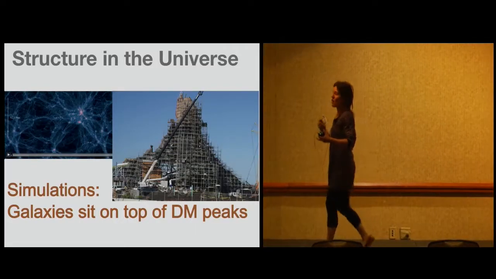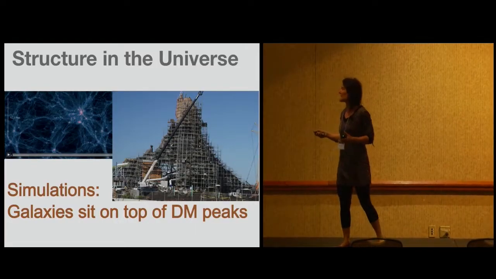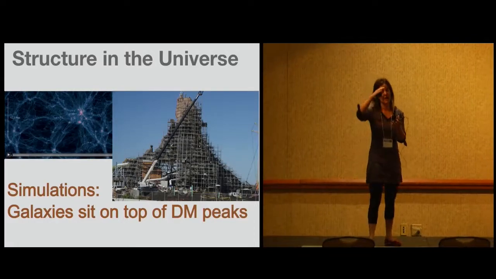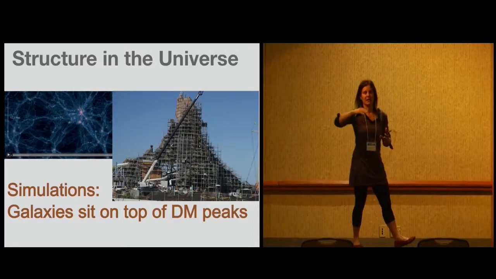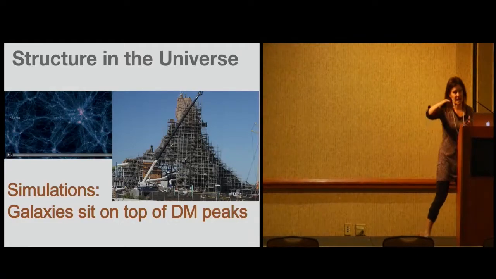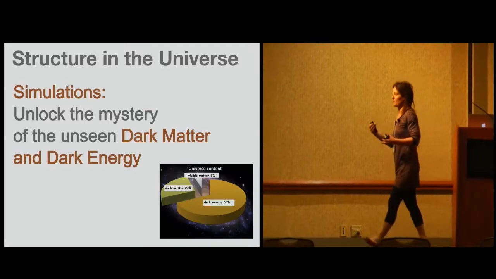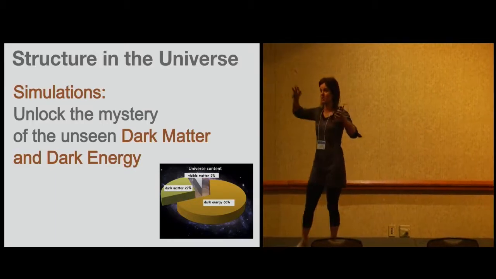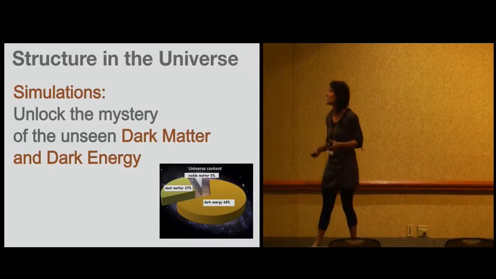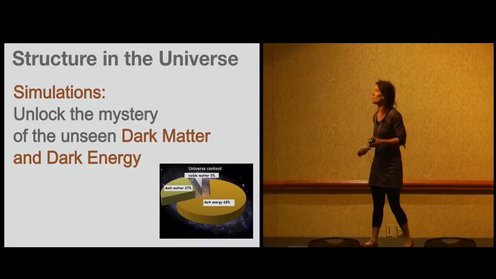What we're seeing directly in simulations is that galaxies really do sit on top of these very peaked dark matter high density regions. So this dark matter that is very much unknown is the scaffold of our pictures of structure formation, or how structure forms in the universe, and what we're trying to unfold in these simulations, okay?